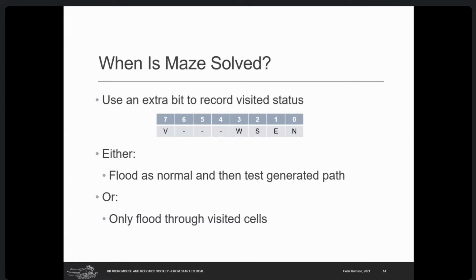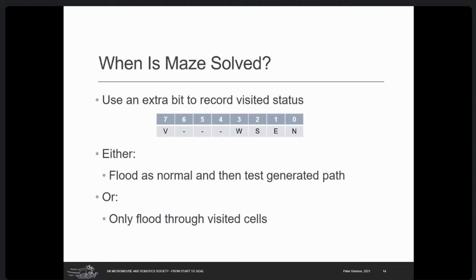So you can choose to either flood all of the cells and then make the path generator only use visited cells, or you may choose to use a variation on the flood where the flood only allows you to mark visited cells. Either way, these are special cases, right? You've already got an algorithm that does this, and now you have to do something different. You have to add an extra rule that says only go in visited cells, either for the path or for the flood.